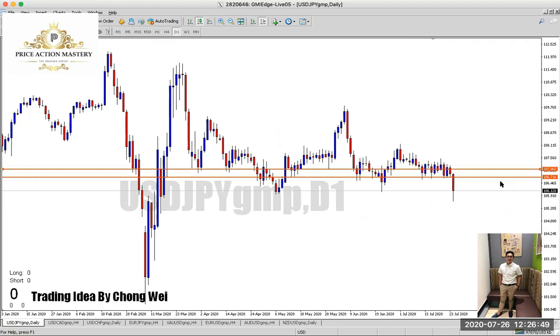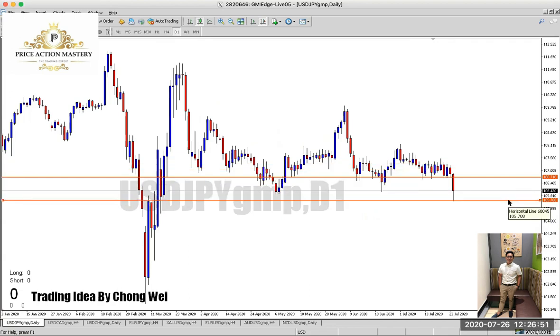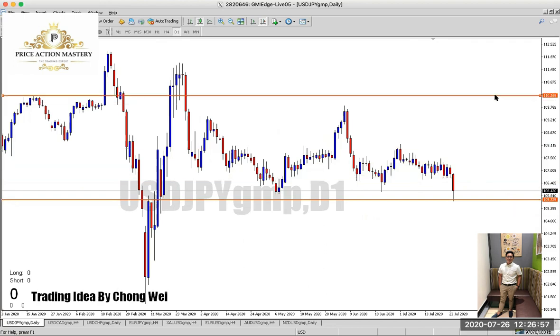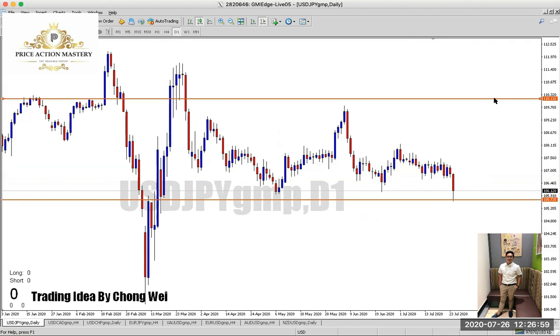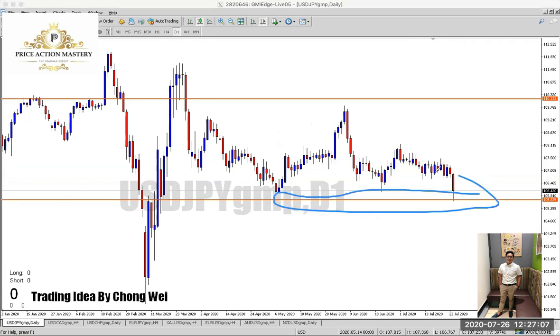So as we can see, the market has now reached a key line, for my students, for my members, for the PriceAction members. You can see the market has already reached a very strong key line, this area.